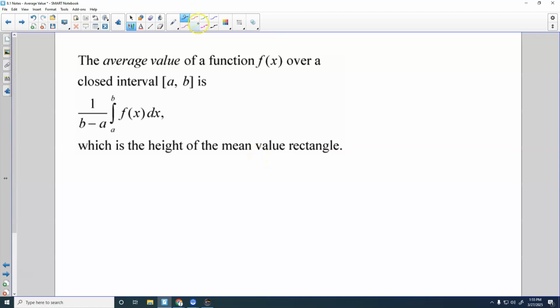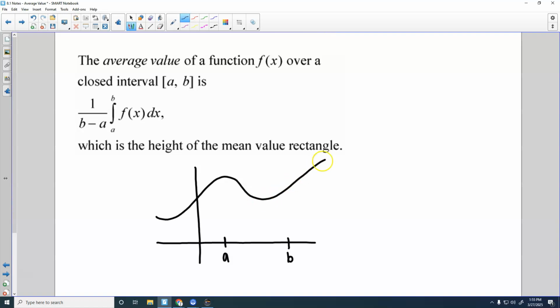So let's think about what a graph would look like for this, right? We've got some function that we're looking at from a to b, and I don't know what the function looks like, but let's make it as crazy as we want here. And so the area under the curve from a to b is given by that integral, right?